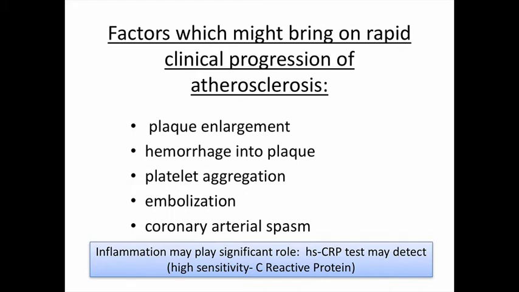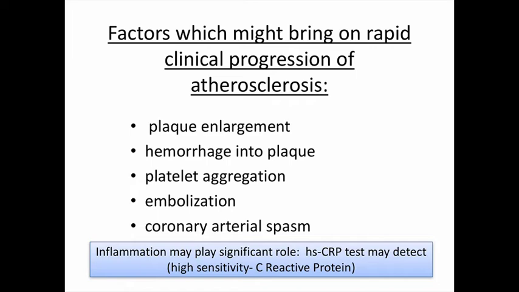As I said, I think there's some pretty good evidence, and I'll give you some citations if you're interested when we meet in class, that this relationship between inflammation and coronary artery disease, and really cardiovascular disease on the whole, is something we need to pay more attention to.